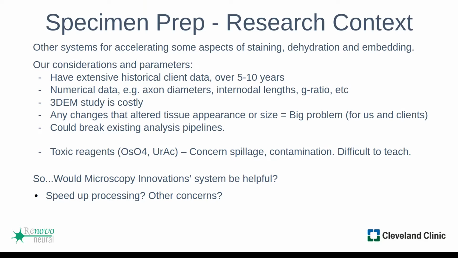So as an example, drug companies that maybe wanted to test a new compound, but they'd worked with us other times in the past, often wanted to use their historical control or naive groups, the data from those from years prior that we had worked on. But if we changed up the staining protocols to a method that caused ultrastructural changes to the tissue post hoc, then we'd be in a world of trouble when comparing their historical data to their more recent additional groups, since you wouldn't know where the changes actually came from.